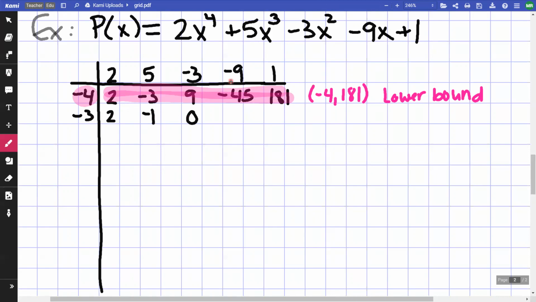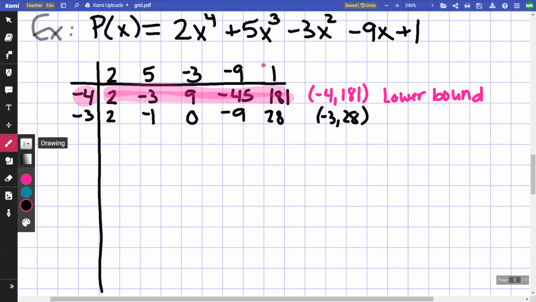I add it to -9, I get a -9. -9 times -3 is a 27. And I add it to this and I get a 28. So now I know that I have -3, 28 here. Okay, so I'm going down though. That's a big jump from being at 181 a second ago.